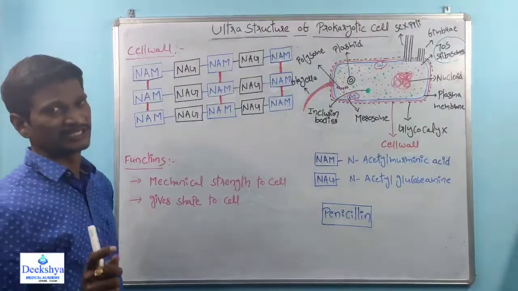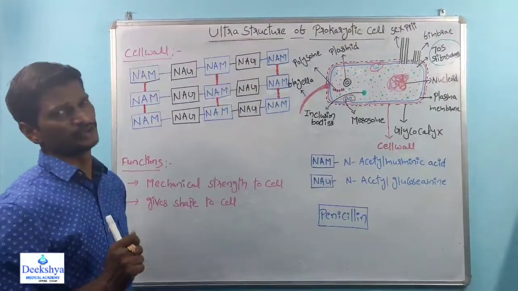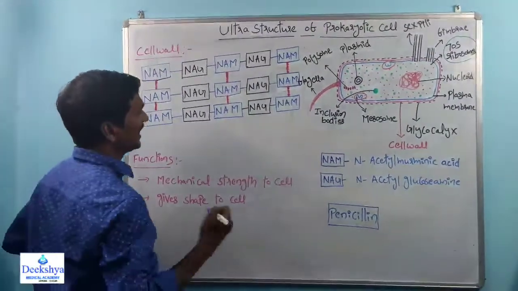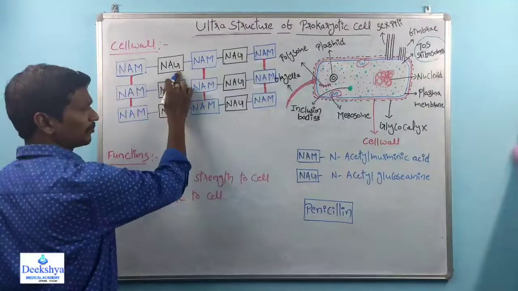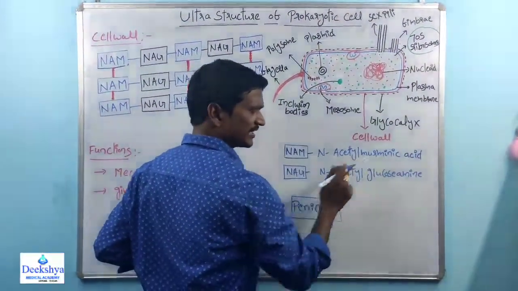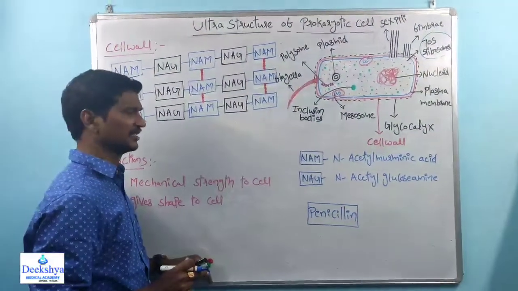That cell wall is majorly made up of NAM and NAG residues. NAM indicates N-acetyl muramic acid.